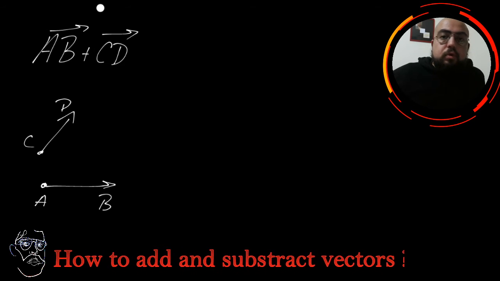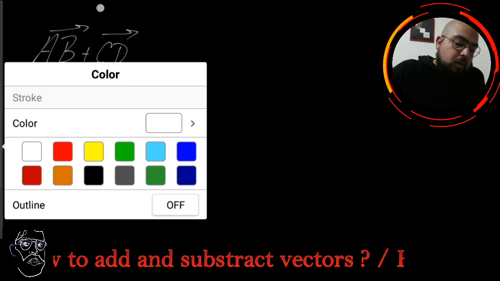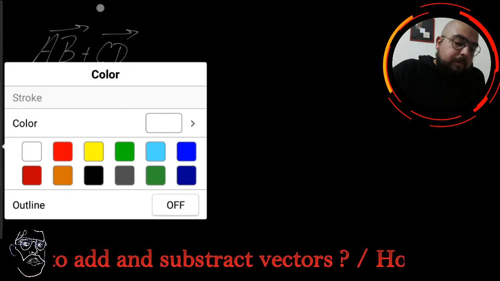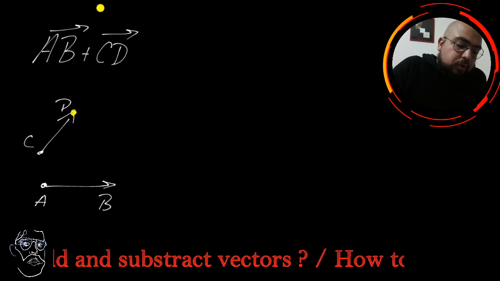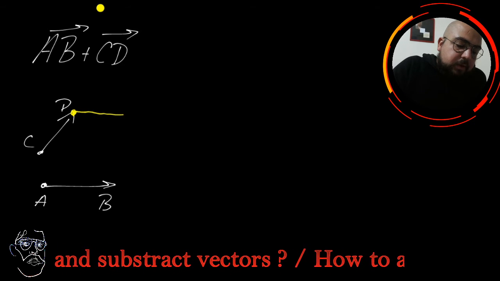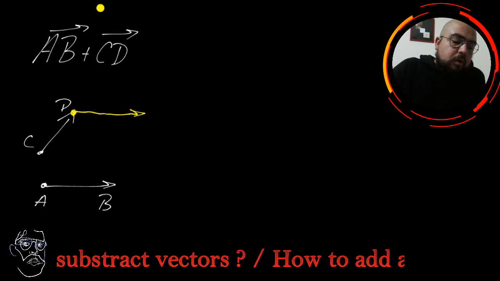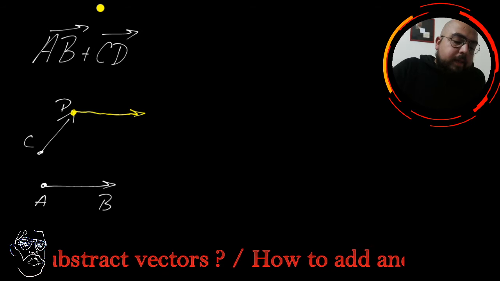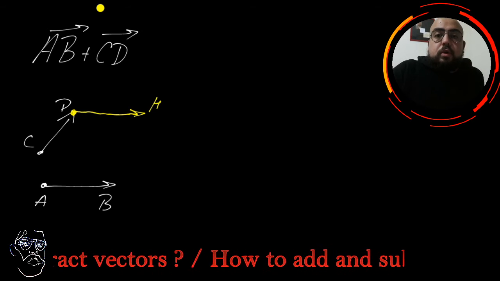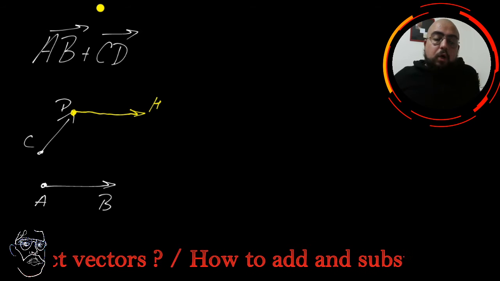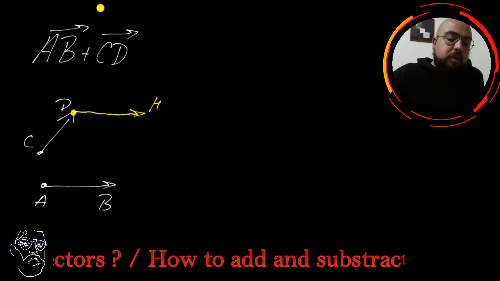In this case, I'm going to do the translation of AB at the point D. So at point D, I will have to draw the same thing as the vector AB. D will take the place of A, and let's say this is the point H. DH will be equal to AB. DH is a translation of AB at point D.